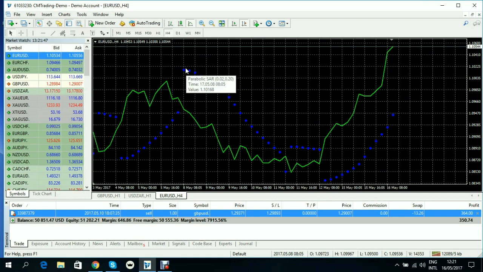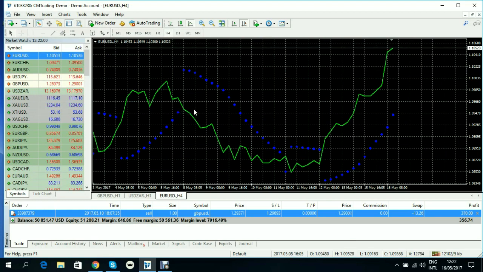If the dot appears above the trend and it gives a sell signal, and you place your trade for a sell, your stop loss will have to be just a little bit above or exactly on the first parabolic SAR dot.